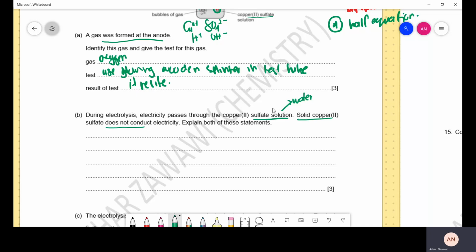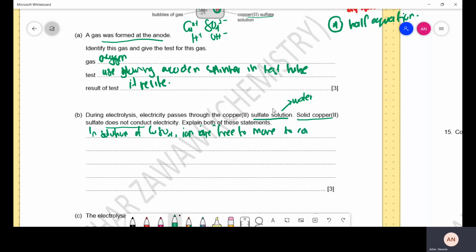Explain both. First we explain the solution. In a solution of copper sulfate, the ions are free to move.